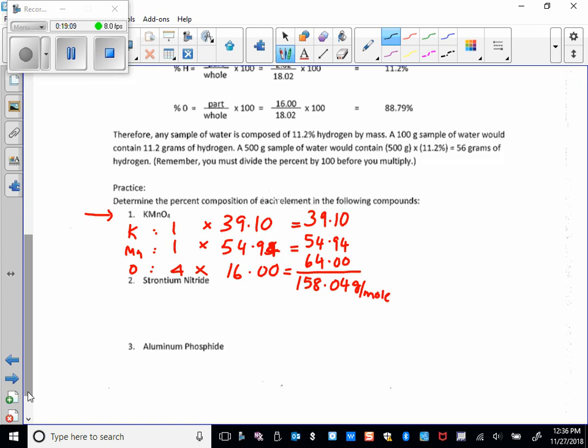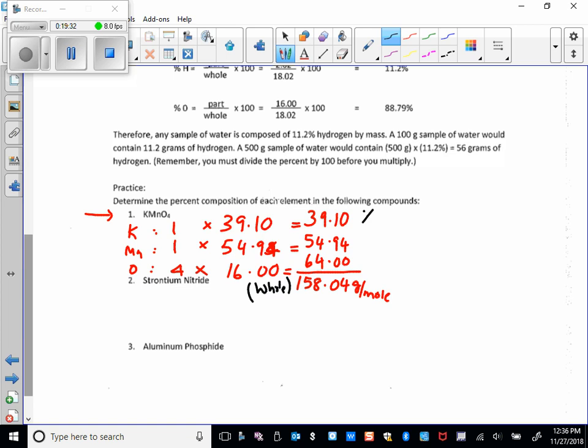You have a headache? Okay, it's part by whole times 100. Does everybody understand that? What is the part? This is the part. What is the whole? That is the whole. This is the whole always. Are you with me?